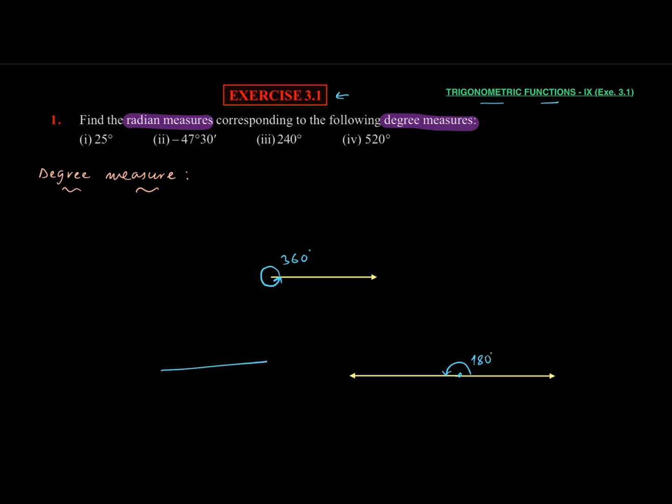In the same manner, if a ray takes 1/4 of a revolution of the complete angle, this angle will be 90 degrees. So this is how degree measure works.